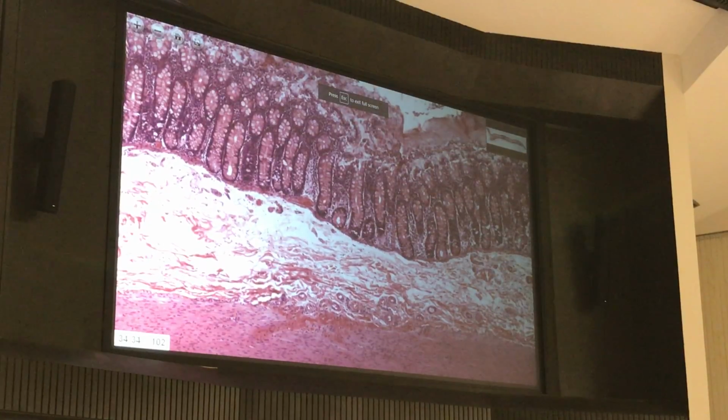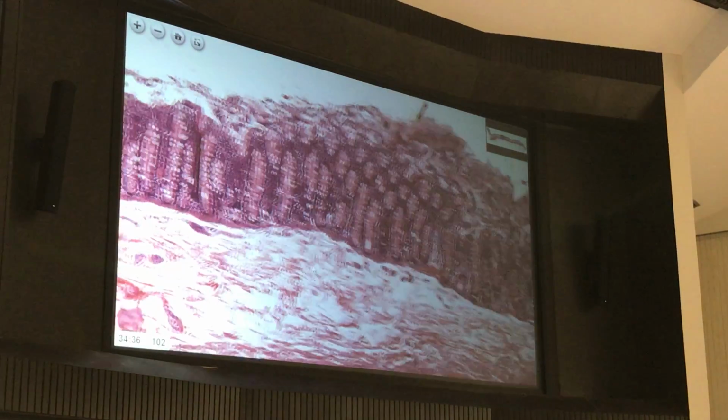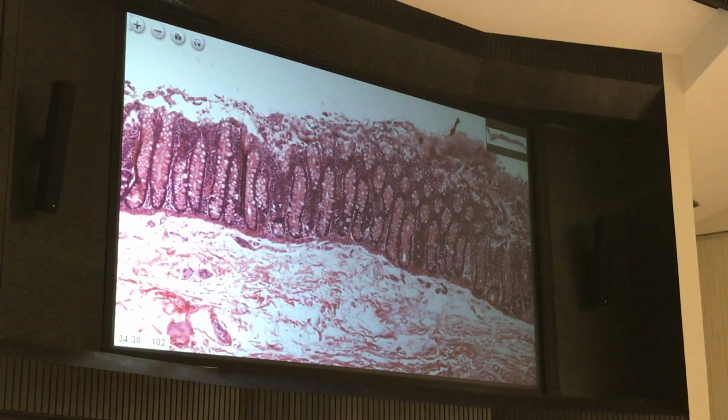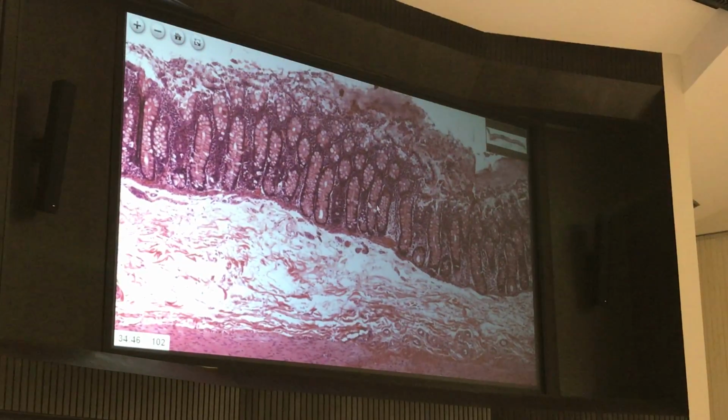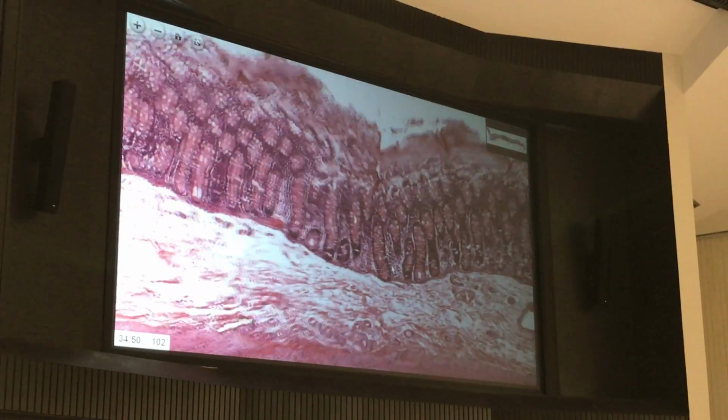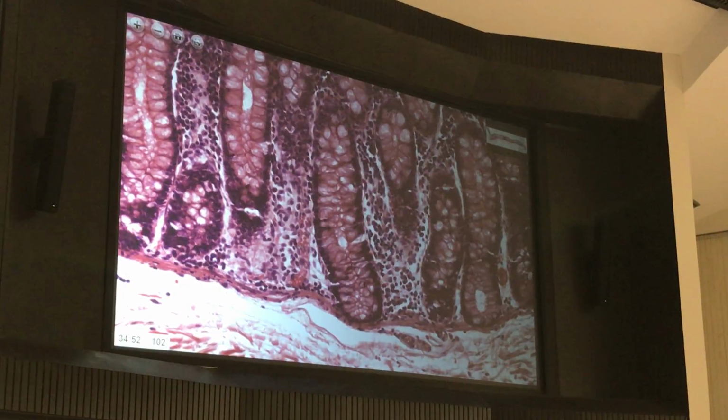This is all muscle. See this? And again, it's kind of relative, but you see how loose this connective tissue is compared to deeper, where it gets more dense. And actually, this material here, in between all of these intestinal glands, is technically loose connective tissue as well.